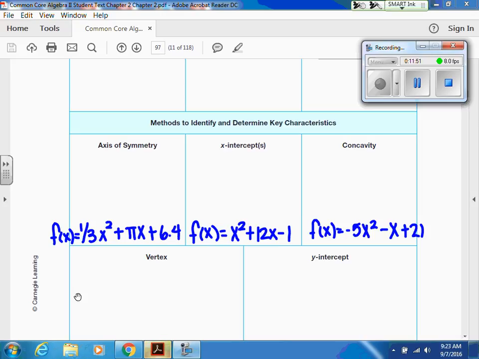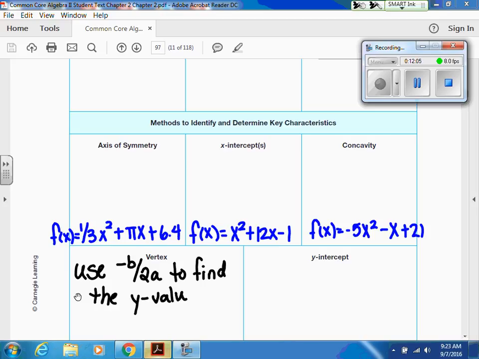Use your negative b over 2a to find the y value. I already told you how to find the y-intercept. How do you find the y-intercept? In standard form, which one's the y-intercept? It's C.